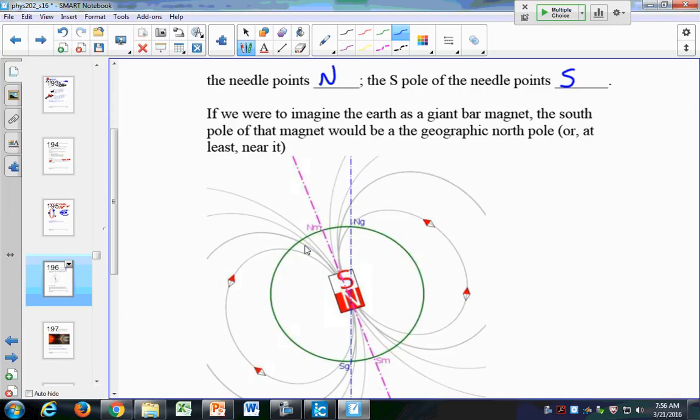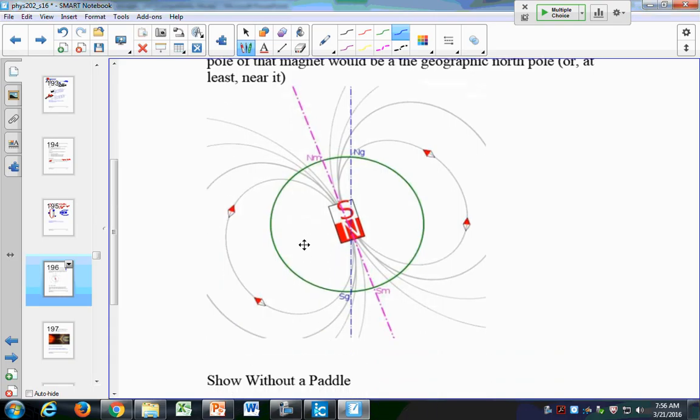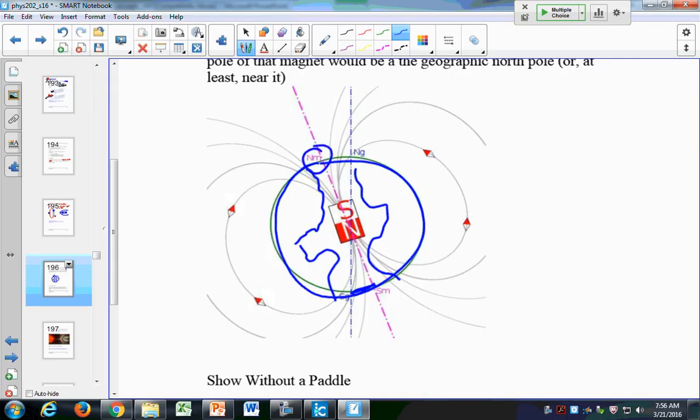All right, so anyway, the point here is that if I think about the Earth, if this is the Earth, North America is here, South America, there's Europe, Africa, the northern geographic pole is up here, but that is the southern magnetic pole. They're flipped from one another.